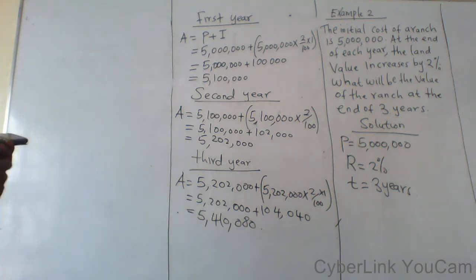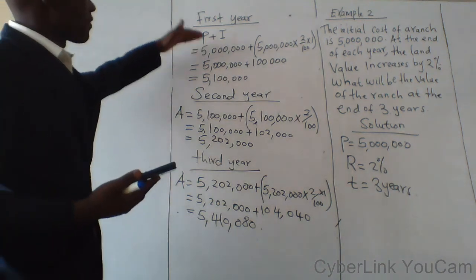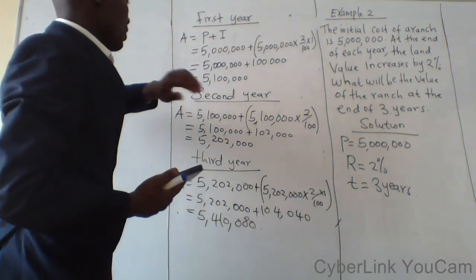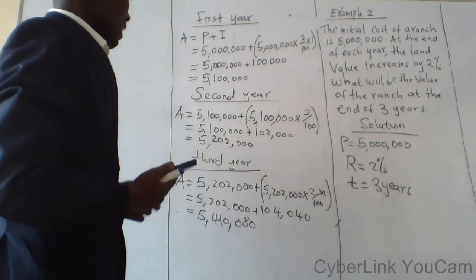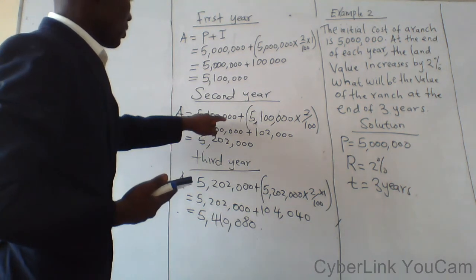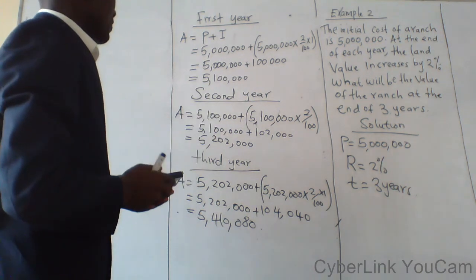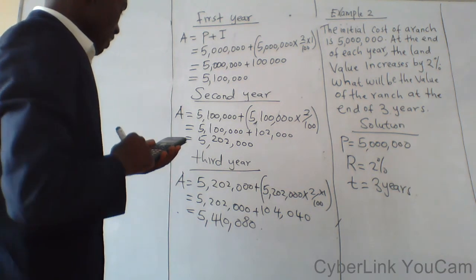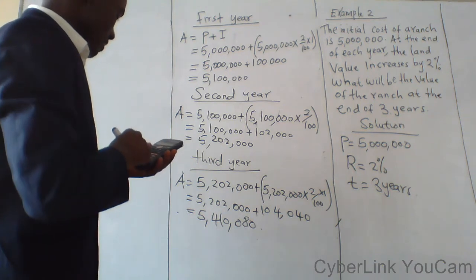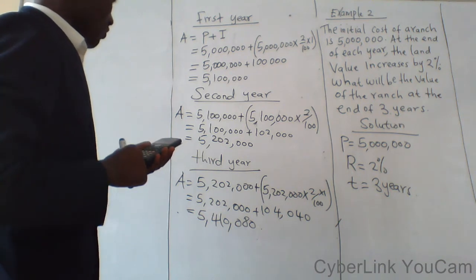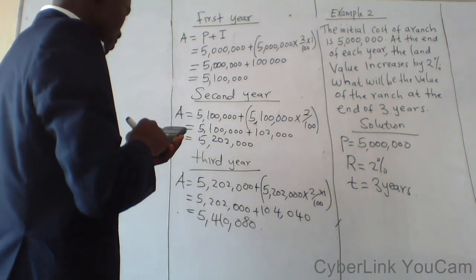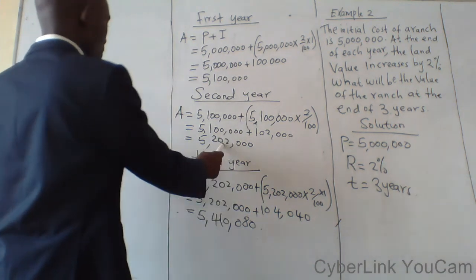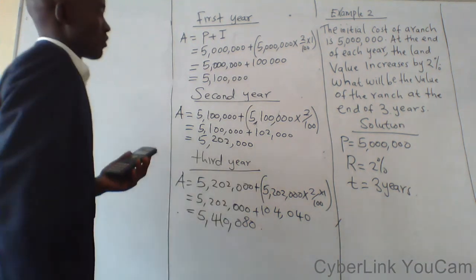After this, we can check. If you take the first step, we have said, take the principal plus the interest in that value, you get this figure. After that, you will take this principal from the first year, then you take the 2%, that is 5,100,000 times 2%. Of course, you get 102,000, which gives us this value. This is the value we will use in the third year.